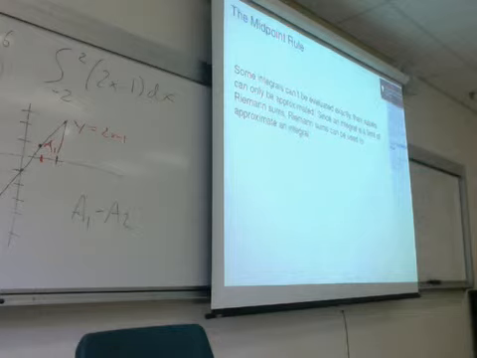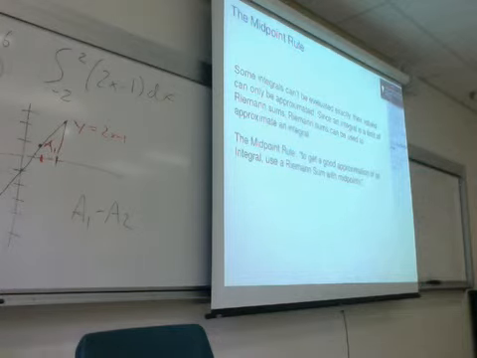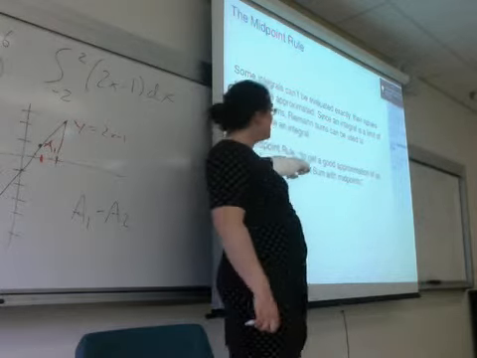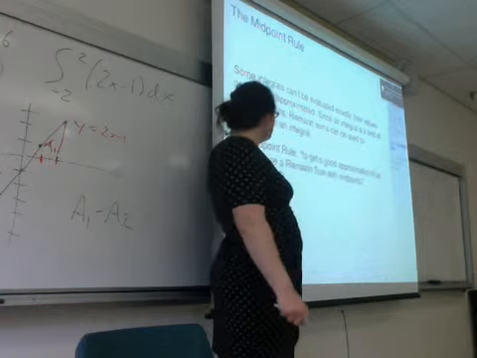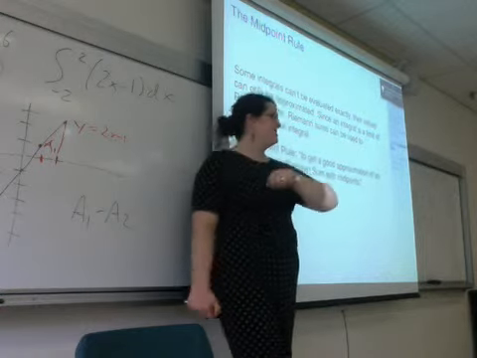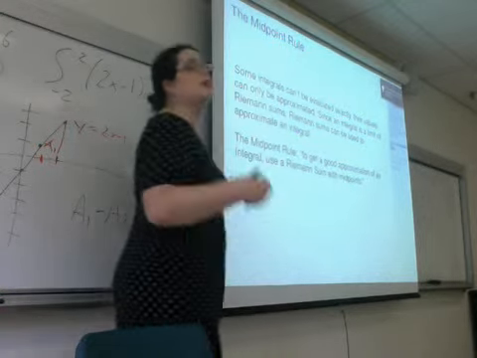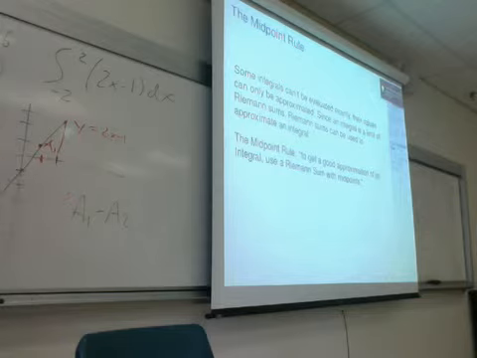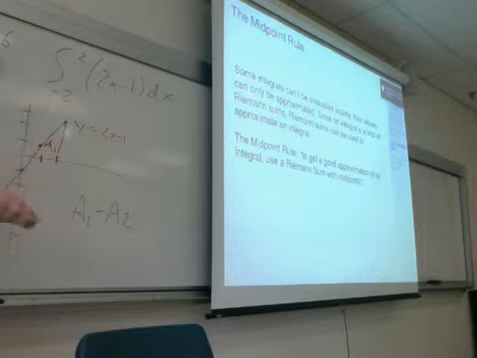And what the midpoint rule says is just, to get a good approximation, to get a good estimate, you should always use a Riemann sum with midpoints. So whenever you're trying to get a good estimate of an integral, you should always do that procedure we did last class using the rectangles and everything like that. But you should always use midpoints to get the best possible estimate. That's what the midpoint rule says.